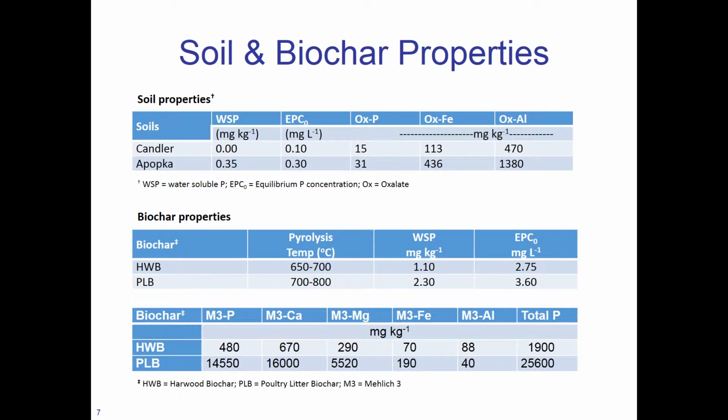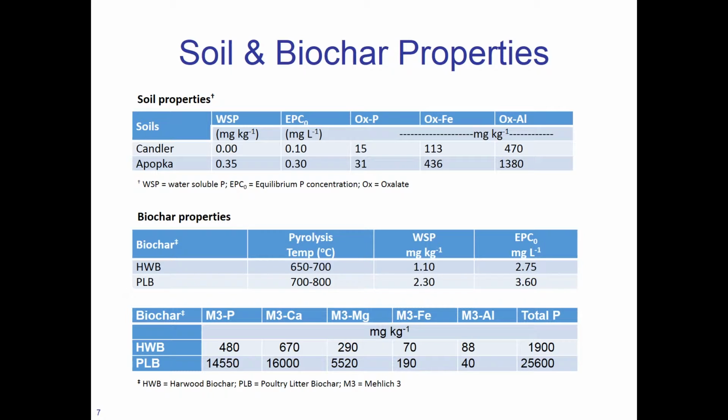Now, let us look briefly at soil and biochar properties. Here we have taken a look at just 2 soils, a Candler and an Apopka, both of which were minimally impacted. So we looked into water-soluble P, EPC, oxalate P, oxalate iron, and oxalate aluminum. All these parameters have been described earlier, and of course the EPC is obtained from isotherms.